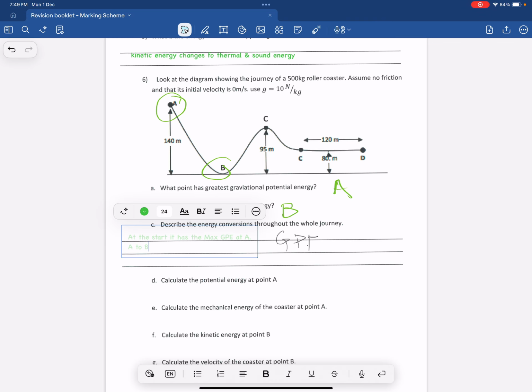GPE, our gravitational potential energy, is converted to kinetic energy, and so the speed increases.